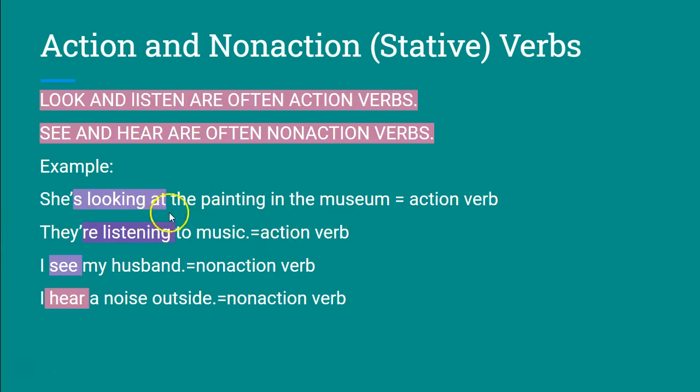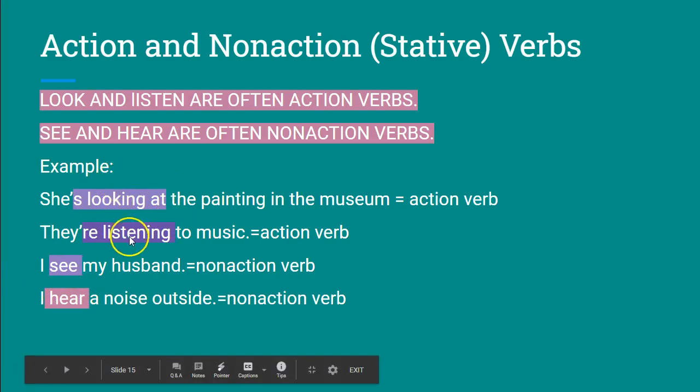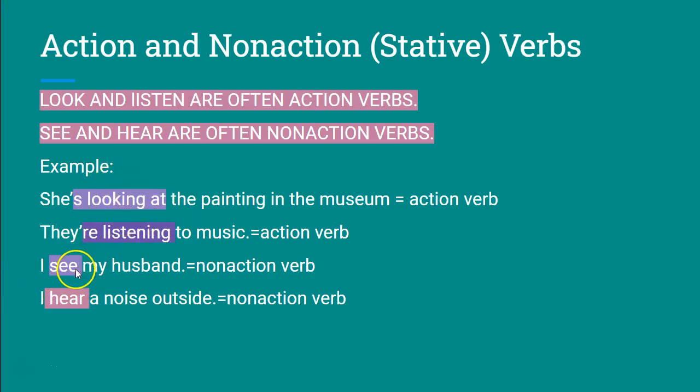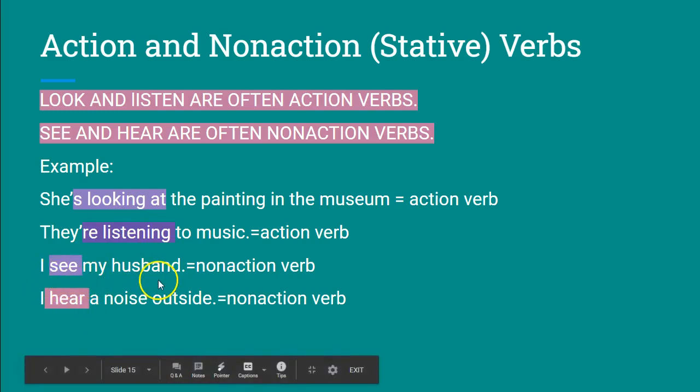So we can use those both in present continuous. However, see and hear we cannot use in the present continuous. We use it in simple present. I see my husband, right? That's a non-action verb. I hear a noise outside, also a non-action verb.